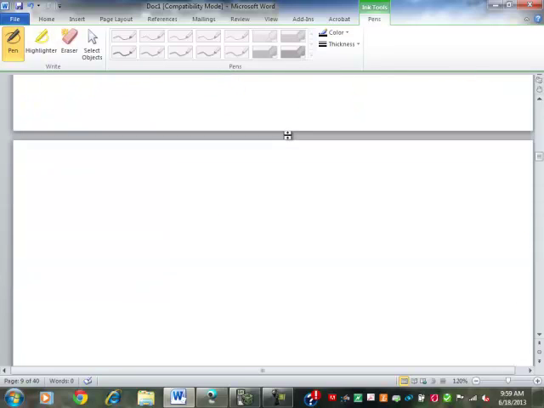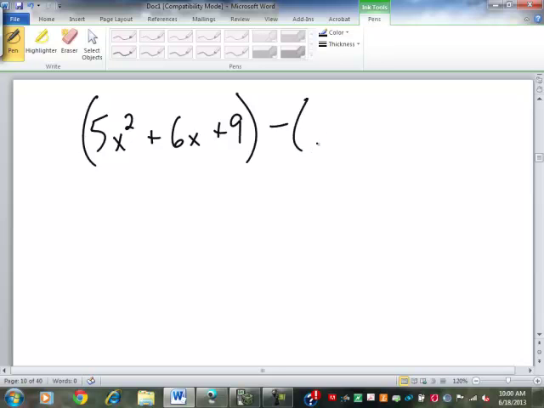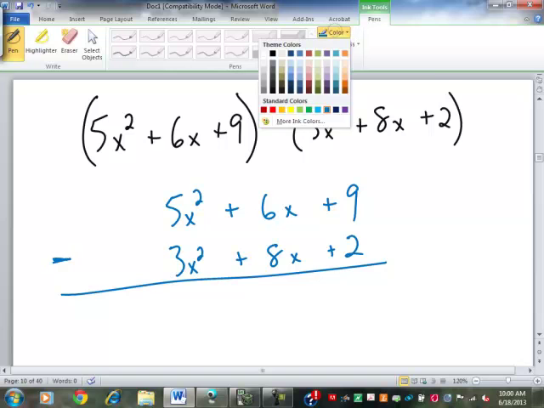So you can see it's really pretty much just like working with whole numbers. What about subtraction? What if we had 5x squared plus 6x plus 9, and we have to subtract 3x squared plus 8x plus 2. Well, really nothing changes. We line up our columns just like we did with our whole numbers, only this time we are subtracting down each column.